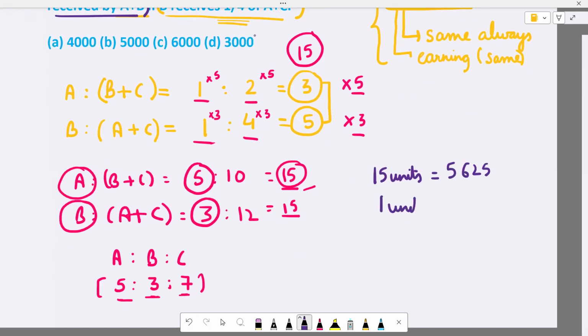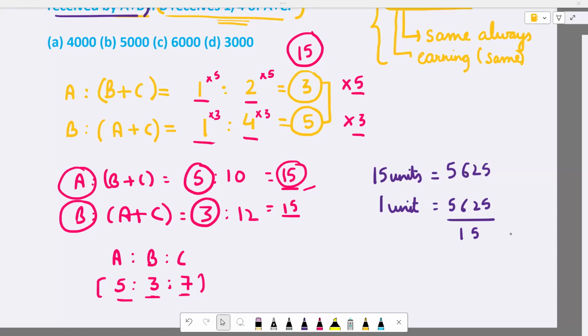So 1 unit will be equal to 5,625 divided by 15. In calculating, we can find out this will be 375. So the value of 1 unit will be equal to rupees 375.